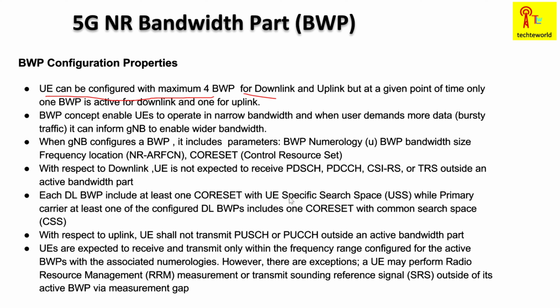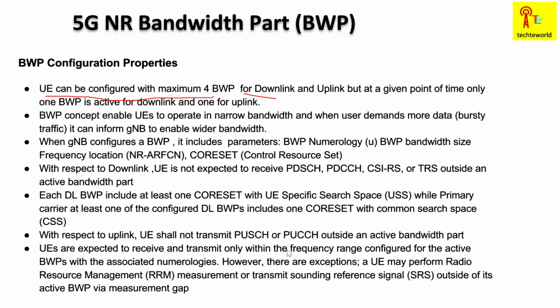With respect to uplink, the UE shall not transmit any PUSCH or PUCCH outside the active bandwidth part. Similar to reception, the UE shall not transmit any uplink information outside the active bandwidth part.